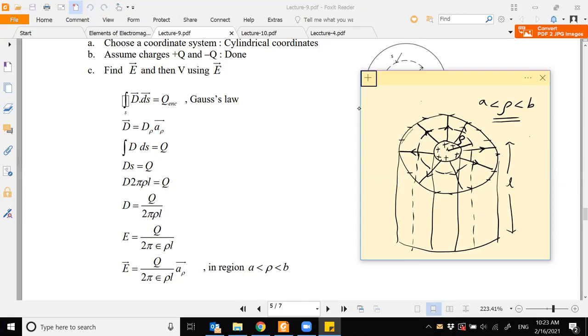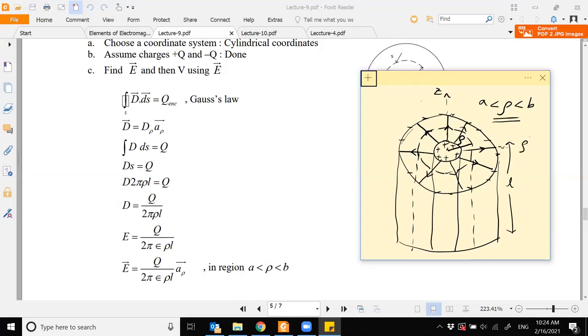If this is my z-axis in the cylindrical coordinates, then what is this direction? Yes, anybody tell me? Rho. This is the rho direction, right?